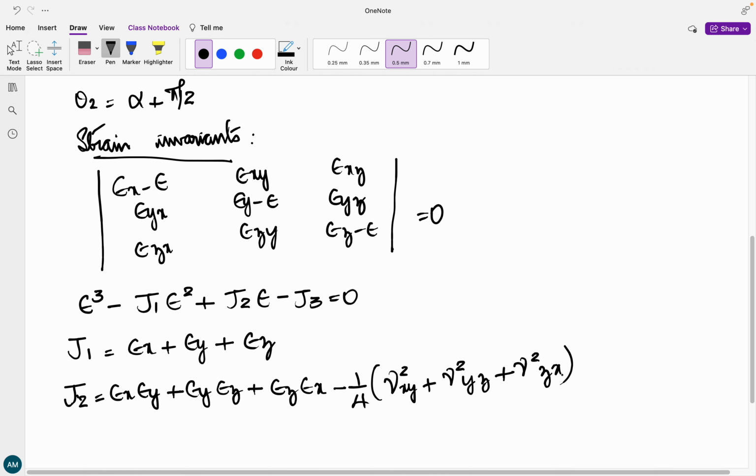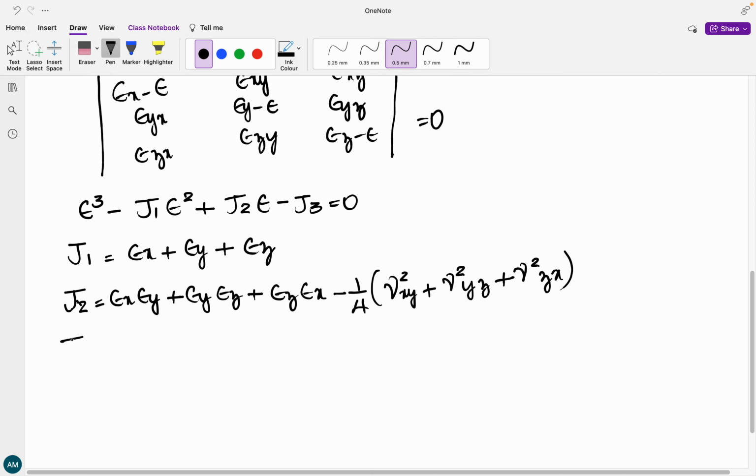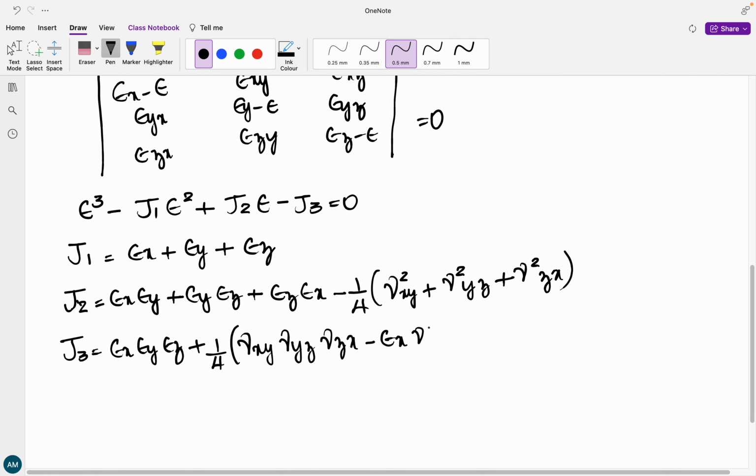Then j3 is epsilon x, epsilon y, epsilon z plus 1 by 4 times gamma xy, gamma yz, gamma zx minus epsilon x gamma square yz minus epsilon y gamma square zx minus epsilon z gamma square xy.